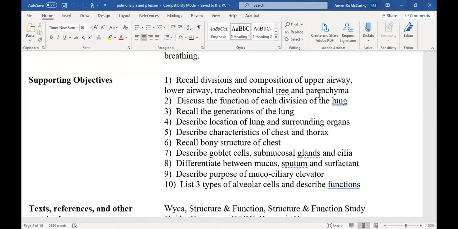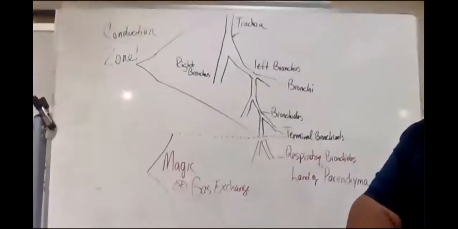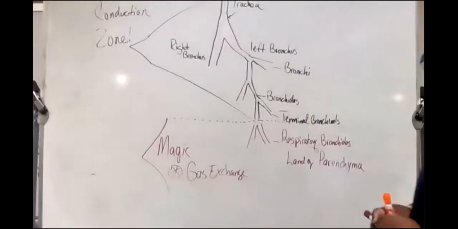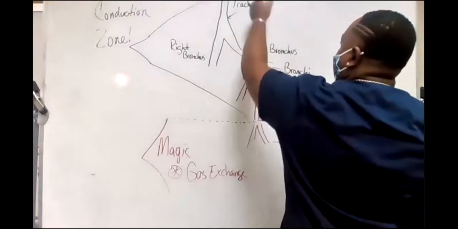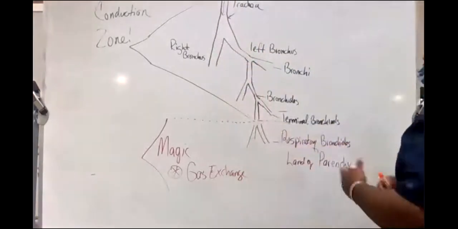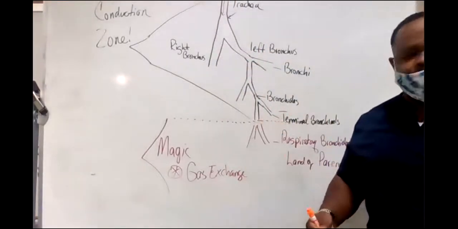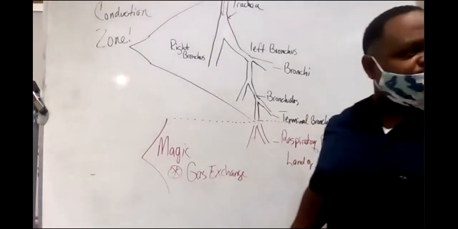Everything below that. So the oxygen and the gas that you inhale, let me take this screen share off. The oxygen and everything that we inhale enters in through here, right? And all of this is simply conducting the gas to get to the terminal. When it gets to the terminal, it has to get off.